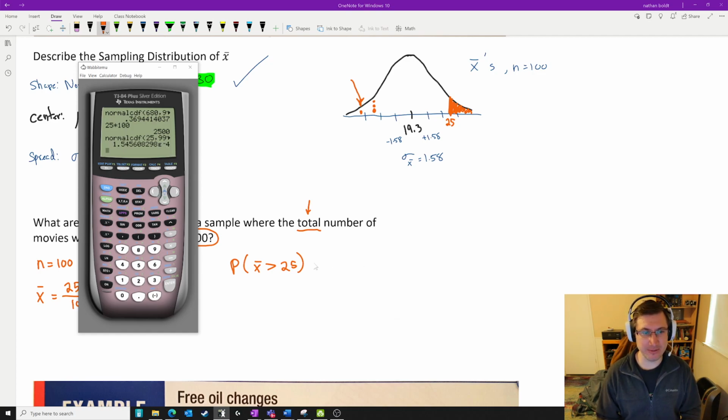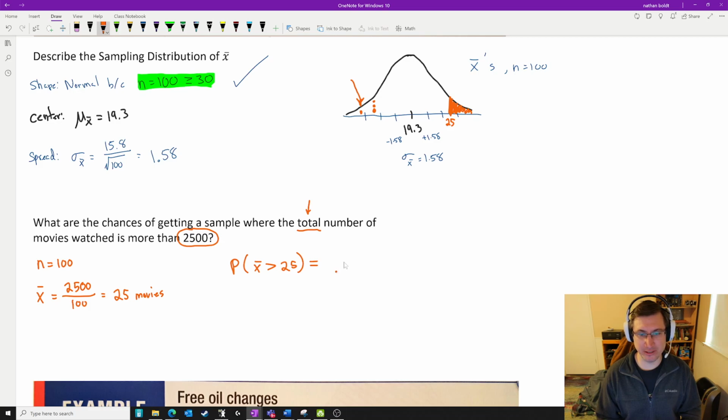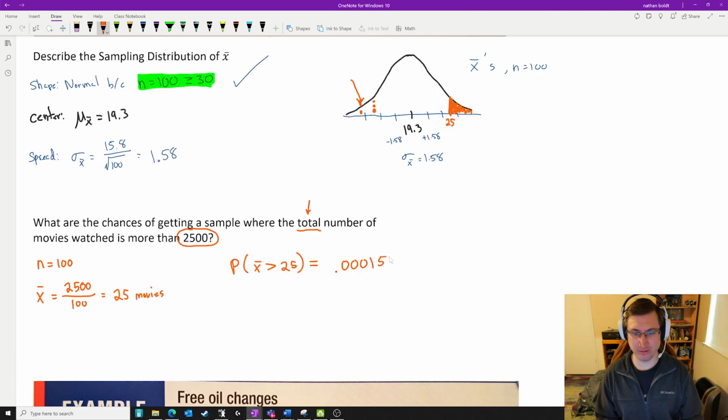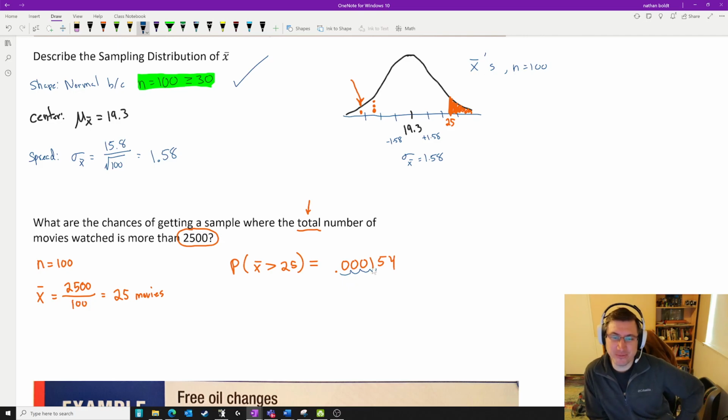All right, so that means this is 0.0000154. We took that decimal place and moved it once, twice, thrice, four times over. 0.000154.